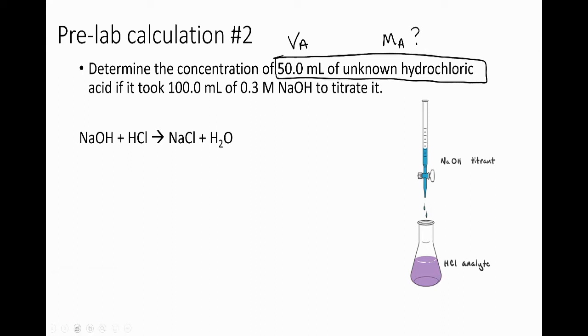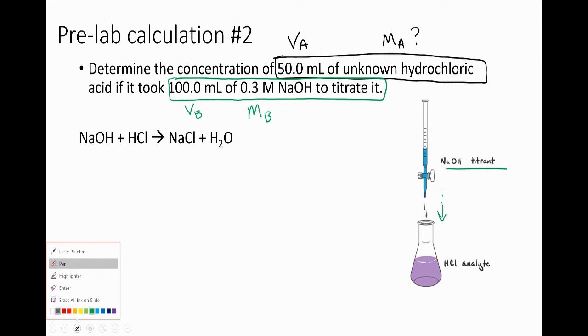Then what they tell us about our base is that it took 100 milliliters of 0.3 molar NaOH to titrate it. So this is the volume of the base that we had to release, and its concentration was 0.3 molar.